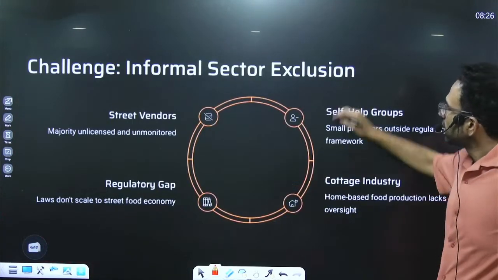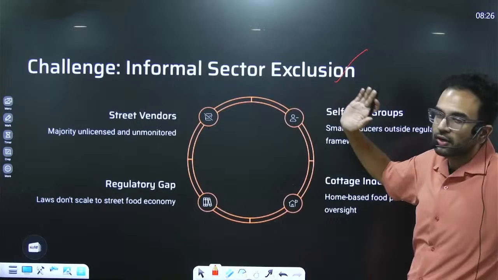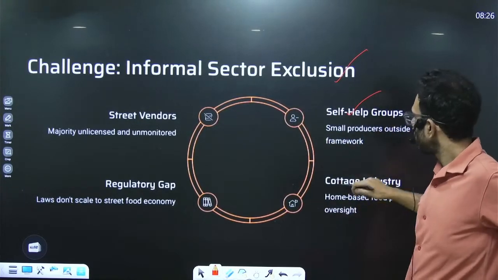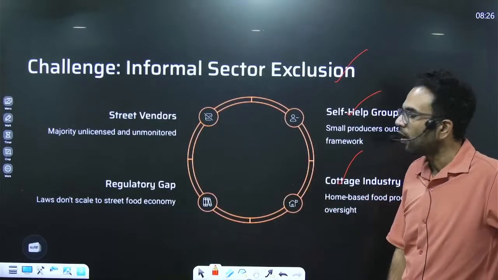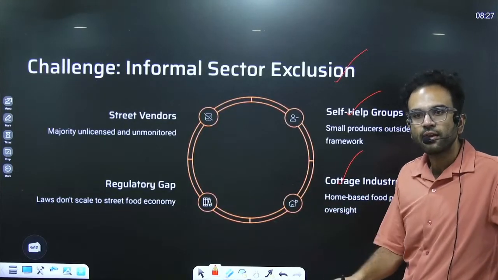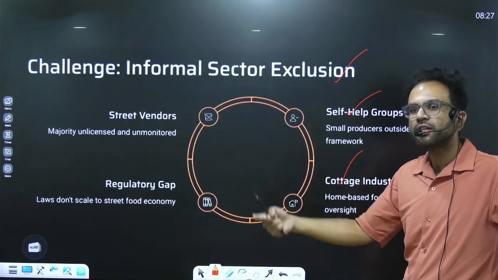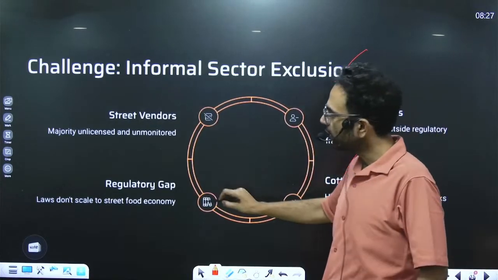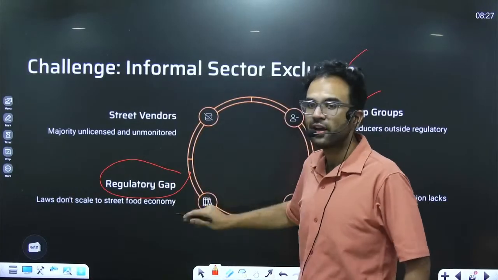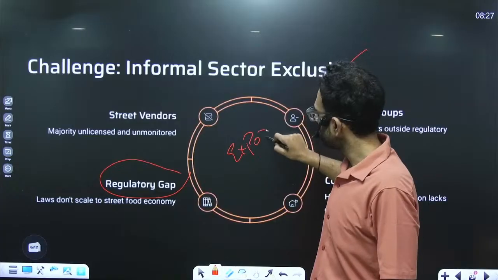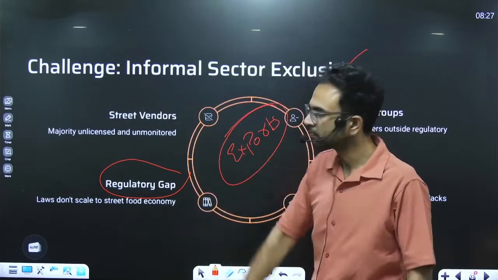So, informal sector exclusion. Let's say, for example, street vendors, they're not included. Self-help groups, they're not included. Cottage industry, not included. When they don't scale, there is an amplification of the problem. If they don't scale, they don't come under the regulatory ambit. If they don't come under the regulatory ambit, they cannot be pushed into the export zone.